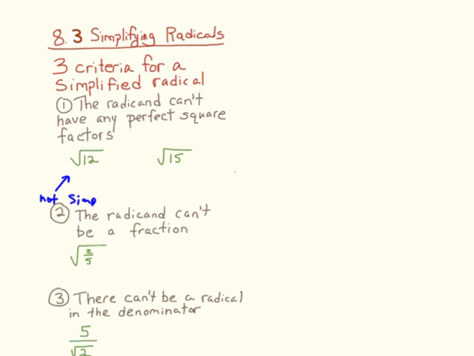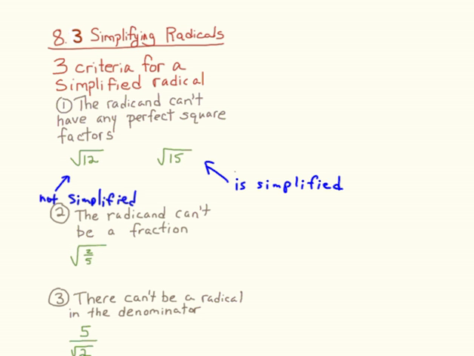We'll talk about how we simplify them in a little bit. If you want to write down why the square root of 12 is not simplified, it is because the 12 has a factor of 4.